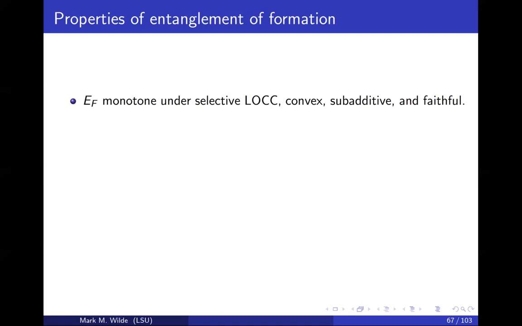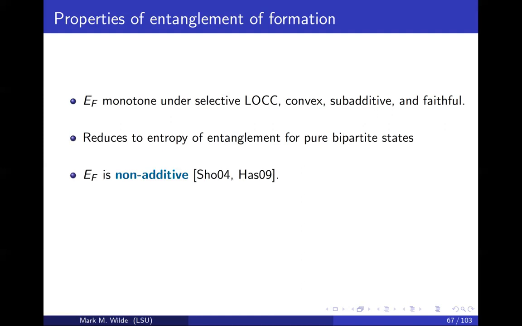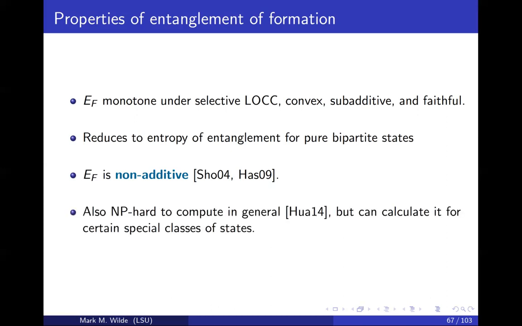These are properties we talked about in earlier lectures, so I won't get into them in depth here. It's equal to the entropy of entanglement for pure bipartite states. Additivity was a property we talked about before. It's known to be non-additive. That was a big open problem for a long time, and it's known to be non-additive. It's also known to be difficult to compute.